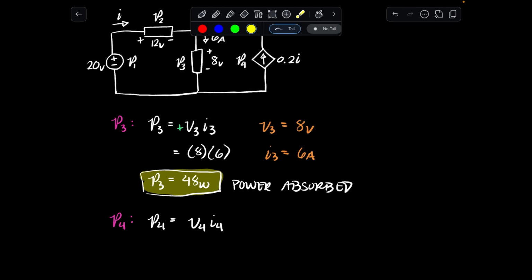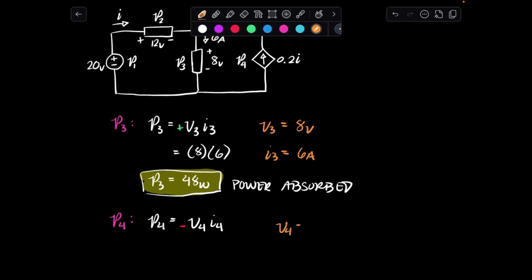Well, the direction of the arrow states that the head of the arrow will be the positive terminal of that current source, and this would be the negative terminal of that current source. And since the current is flowing upwards, we see that current is flowing up into the negative terminal of the element. Therefore, this value would be negative.